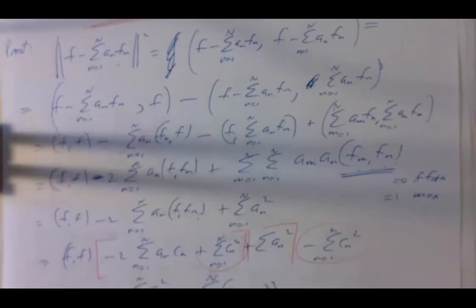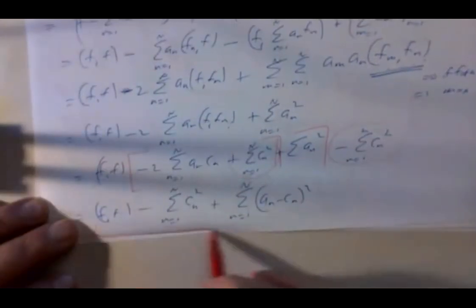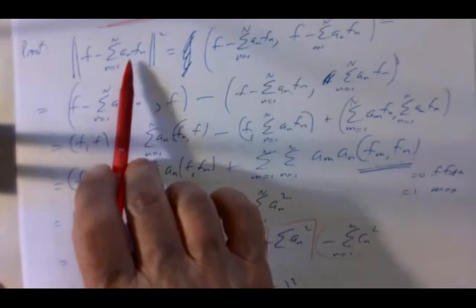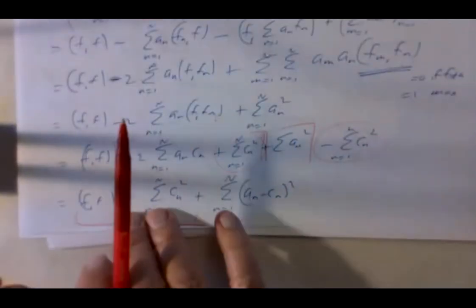And see, here the an's are any constants at all. If I picked an equals cn, this would be 0, and I would get this.